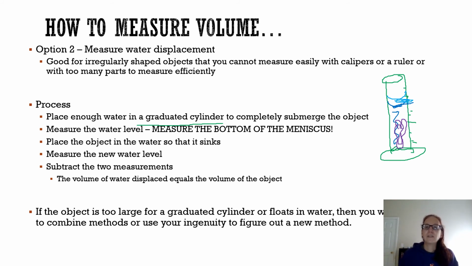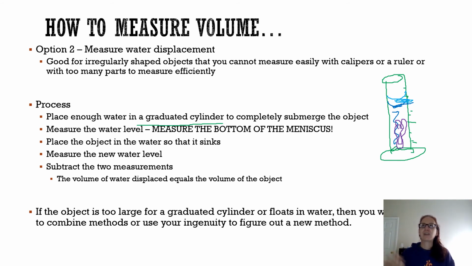Now, if the object is too large for a graduated cylinder, or it floats in water, then you would have to combine methods. So you might have to use the formula and also submerge in water.